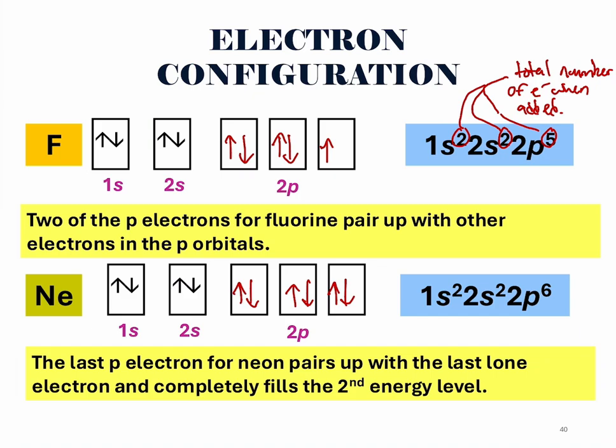These exponents should add up to the total number of electrons, which in a neutral atom equal the number of what? Protons, right? So when you add these up in a neutral atom, you should get the atomic number for that element. Now you guys will be given non-neutral atoms, ions and stuff, but for a neutral atom, they should add up to each other.